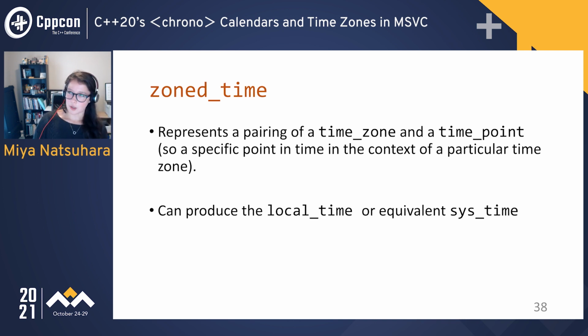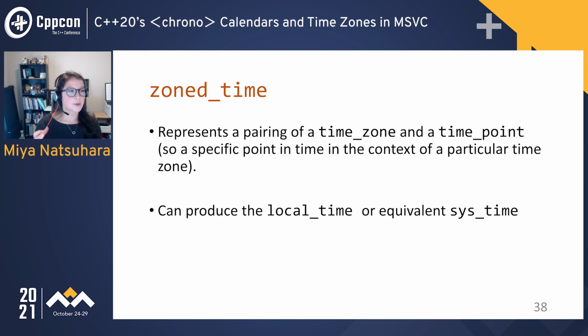As opposed to a time zone, we have a zoned_time, which is related and similar, but not the same. This represents a pairing of a time zone and a time point. So this is giving a specific point in time in the context of a particular time zone. This is where we get into not just 2:30 a.m., but 2:30 a.m. Pacific time or something like that.